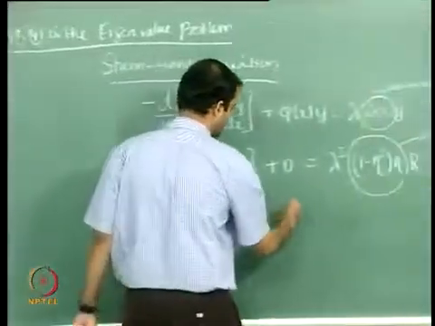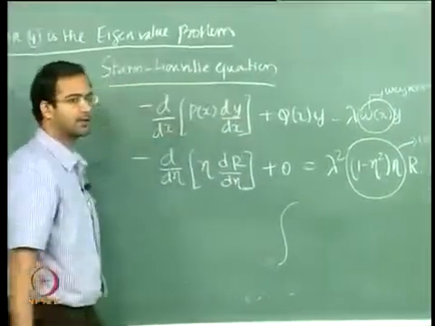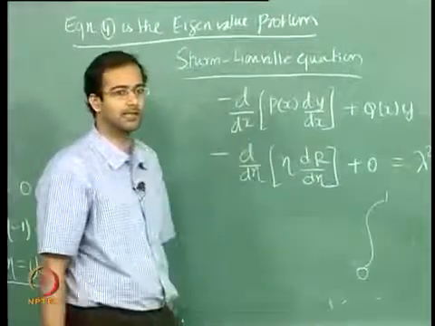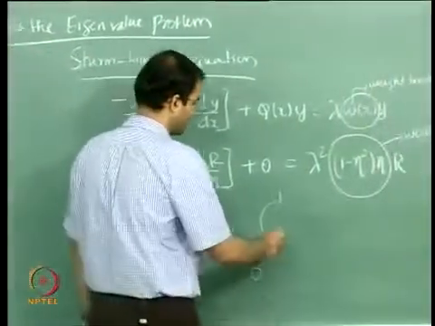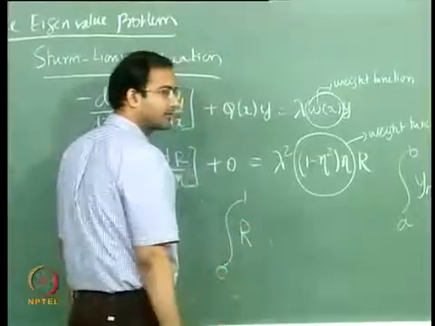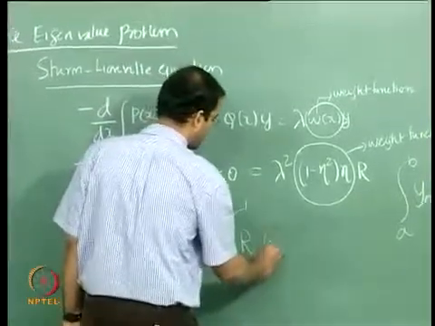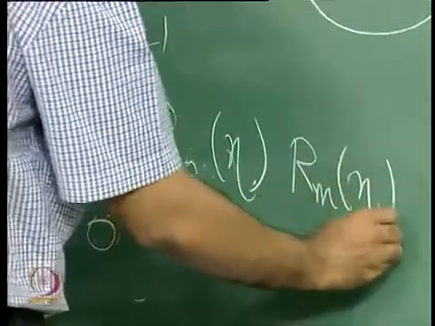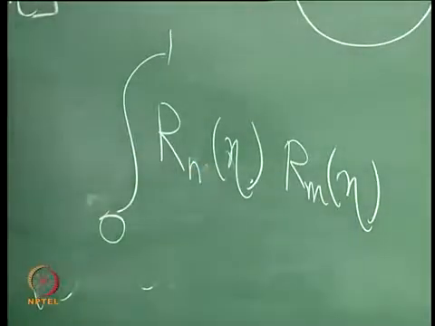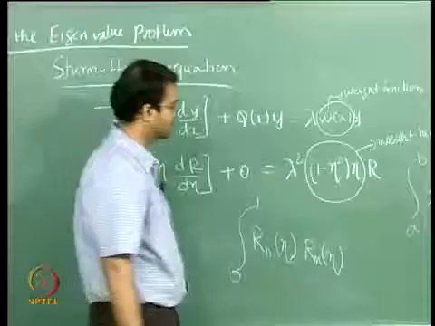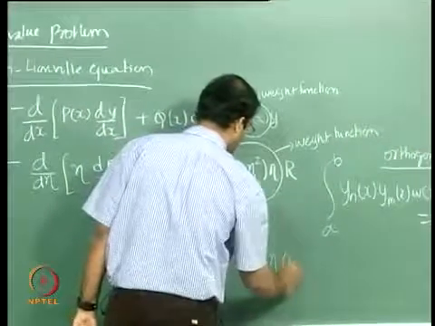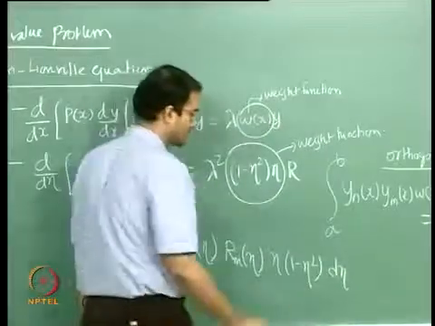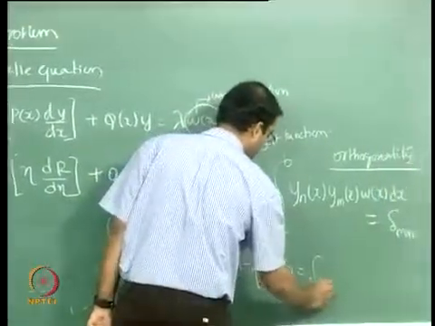If I integrate, what should be the limits of the integral? 0 to 1, good, and then instead of y I have rn of eta into rm of eta, and what is the weighing function here? Eta into 1 minus eta square into d eta. This is nothing but your Kronecker delta.